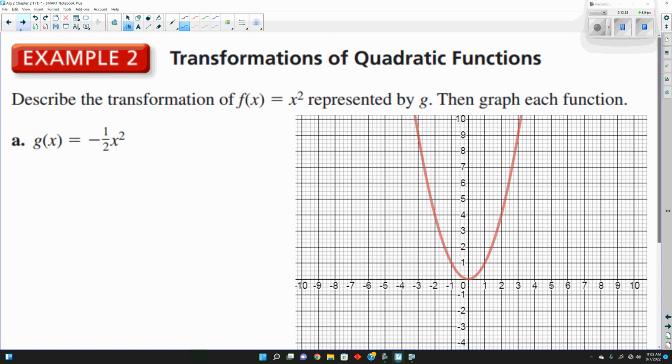It has to be across the x. Because if the negative in front of that x is not in parentheses, it's across the x. The negative here, where there's nothing in front of it, it's attached to that x, is going to be a reflection. So that negative is telling us that this is a reflection across.